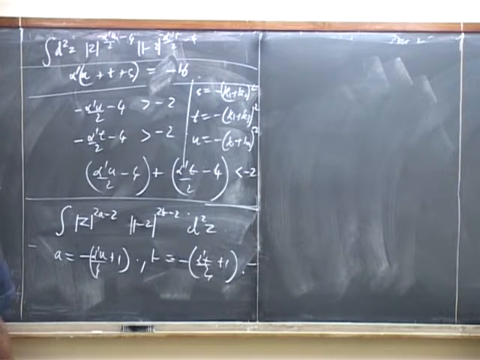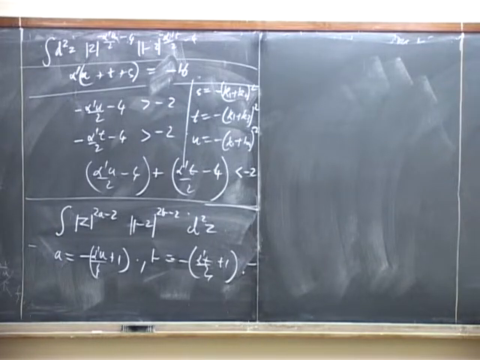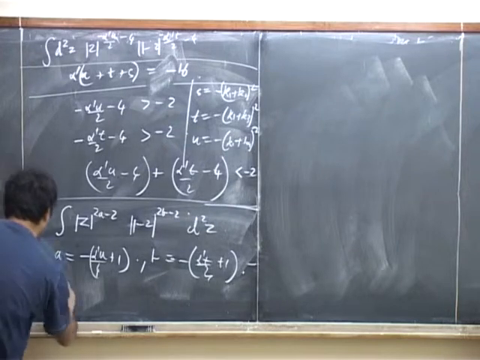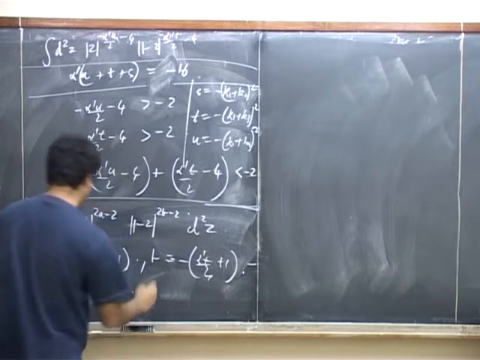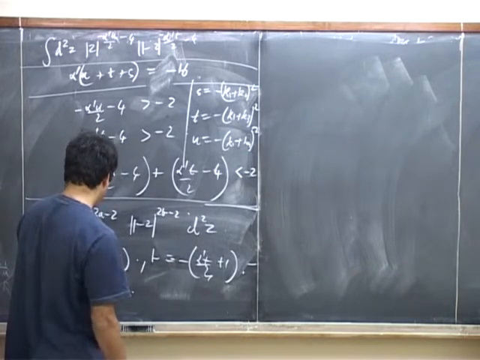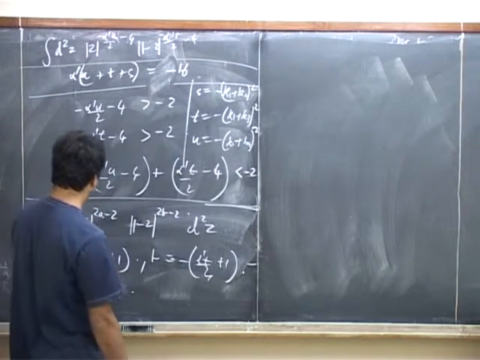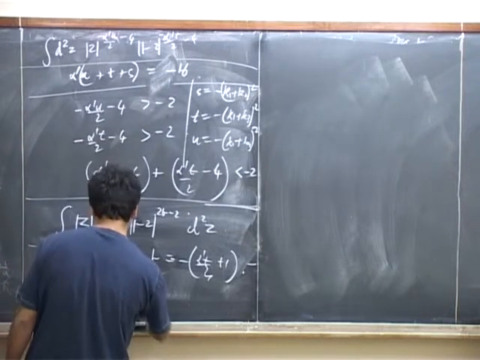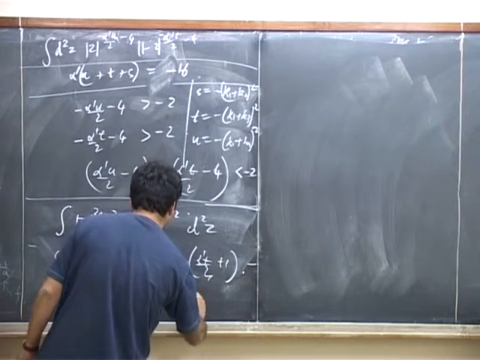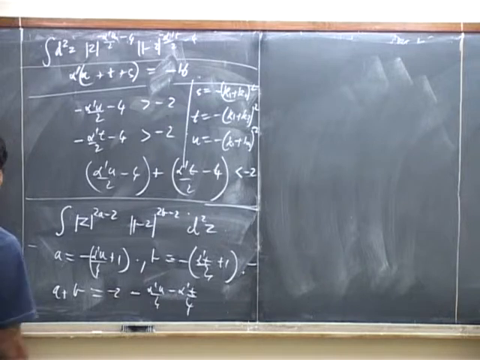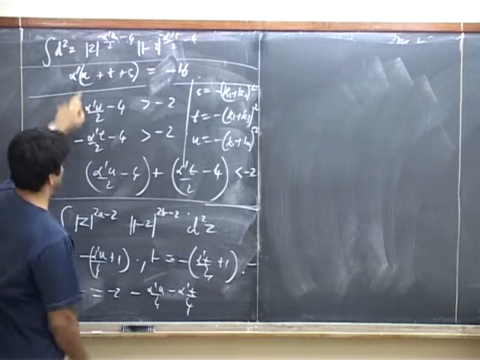Now let's see what we get from a plus b. If we take a plus b, we find minus 2, and then from here we have alpha prime by 4. Let's write it down: minus alpha prime u by 4 minus alpha prime t by 4. But remember that the sum of alpha prime by 4 with a minus sign is plus 4.